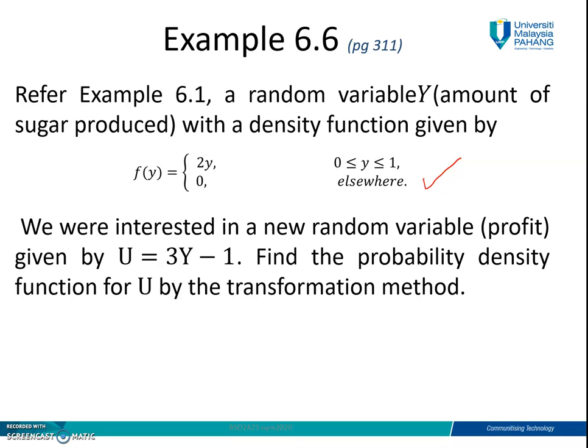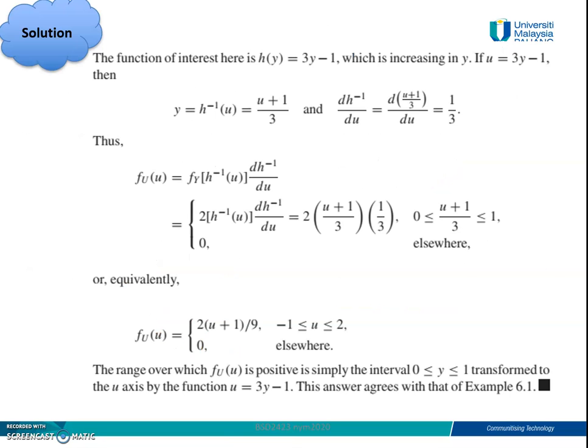Here we are interested in a new random variable, profit, given by u equal to 3y minus 1. The question asks you to find the probability density function for u, fu, by using the transformation method. We have done this using the distribution function, so you can refer to my second video, 4.2 part 1. But now we want to solve this one using the transformation method.